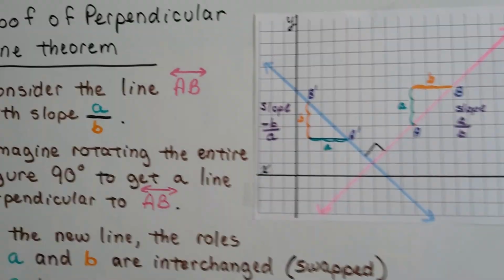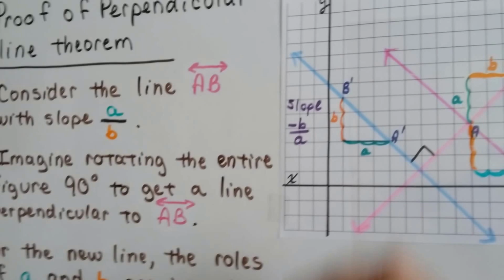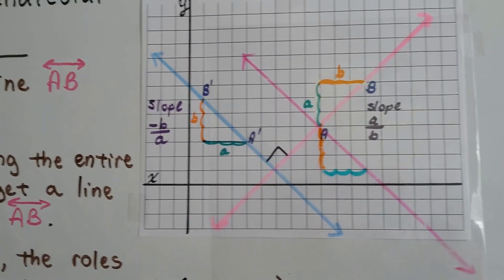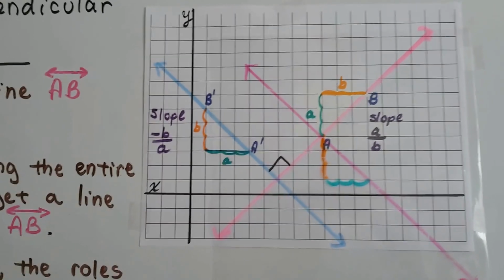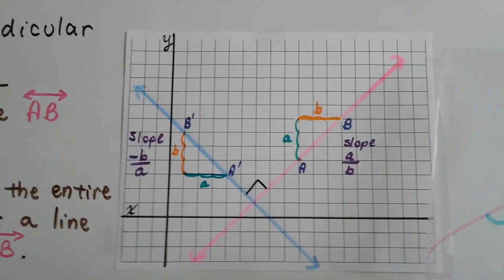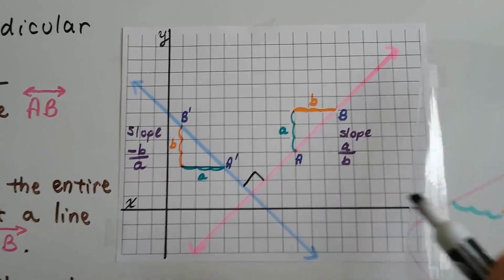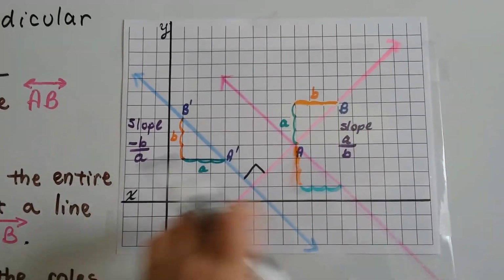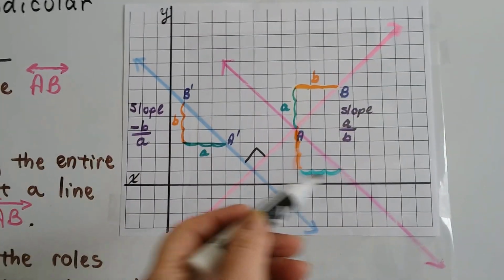So I have a clear overlay. If we flipped it that way, do you see what's happening with the A and the B on the pink lines? This is how it was. See how the B is going horizontal and the A is going vertical up? Now look, if I rotate this whole thing this way, doesn't it look just like the blue line?